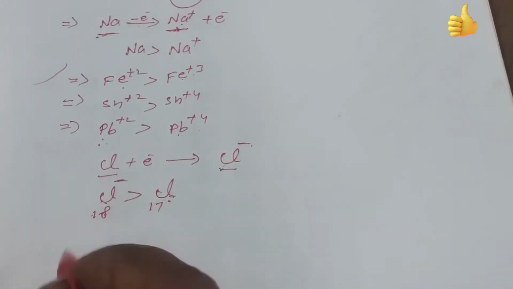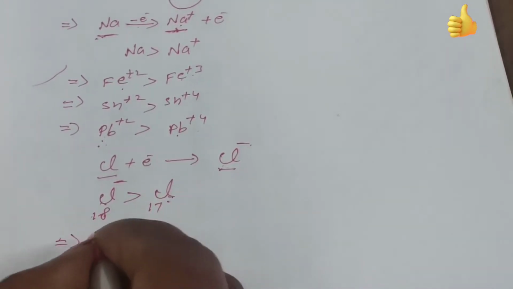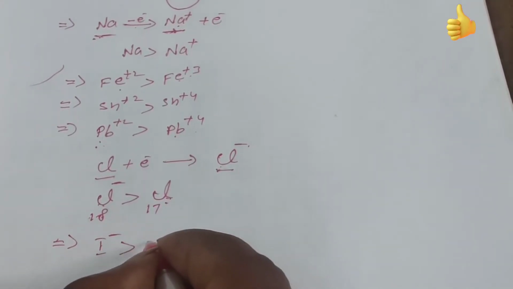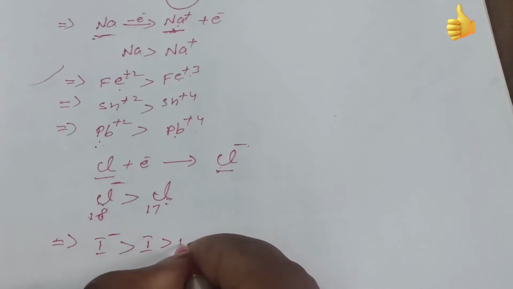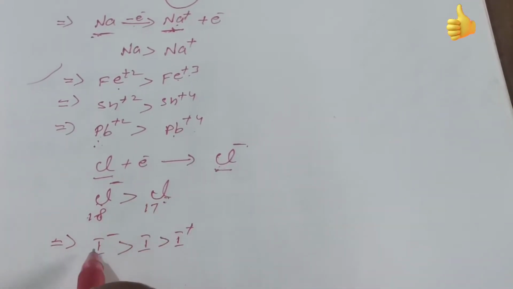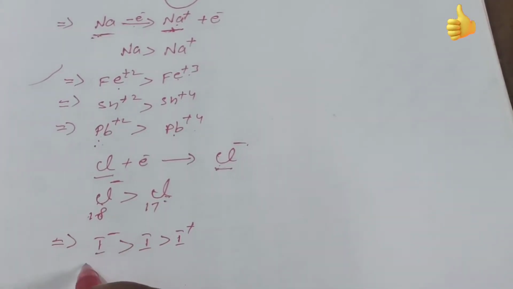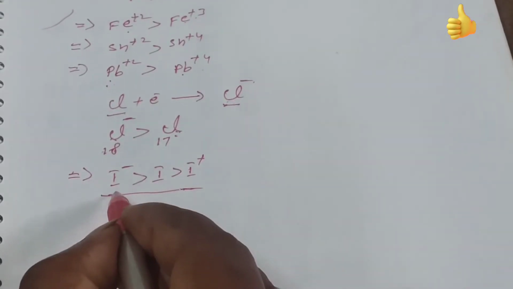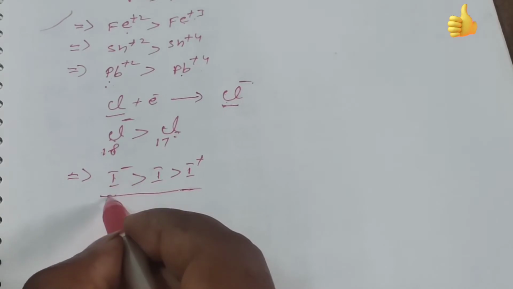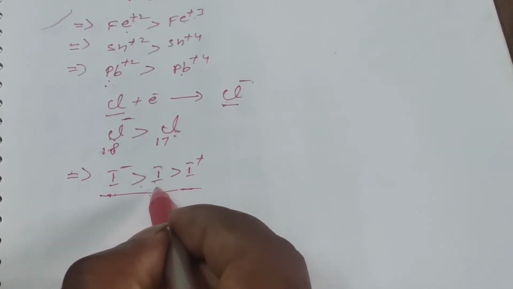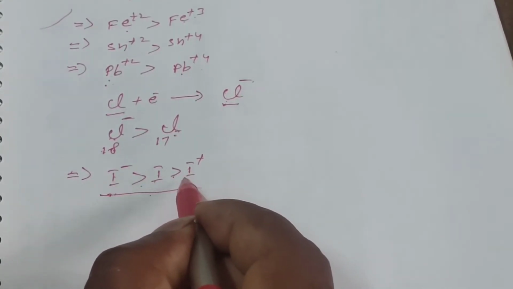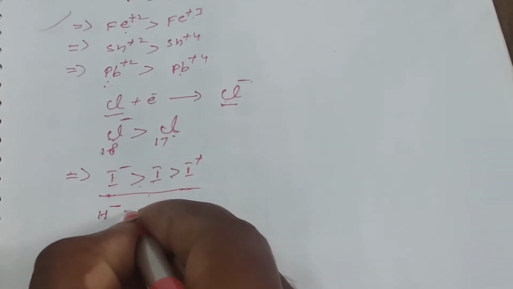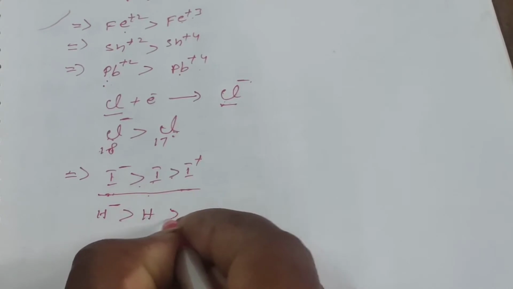For example, taking iodine: I minus is greater than iodine, and iodine is greater than I plus. Whenever they give three species, the one with the negative charge has the most size. Along with that, the hydride ion is greater than hydrogen and H plus.